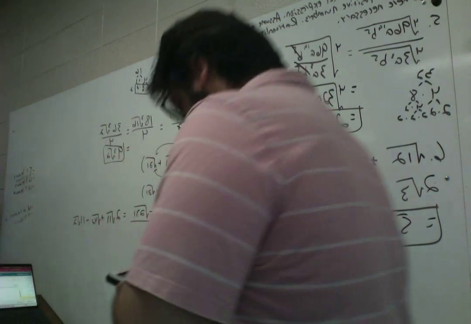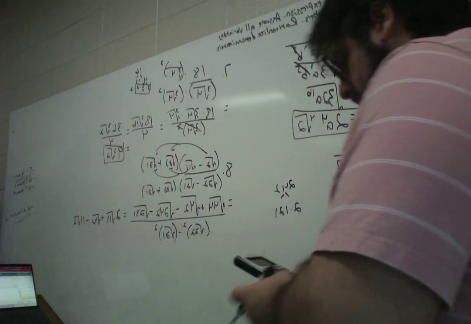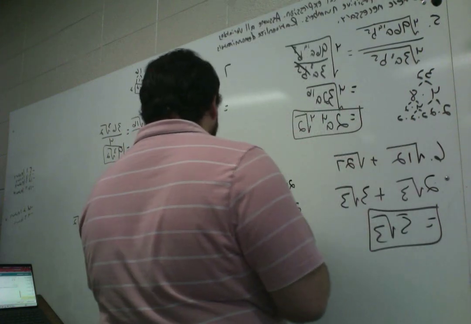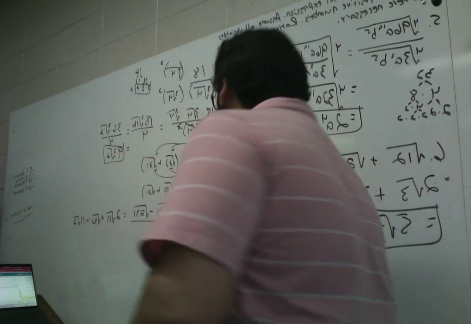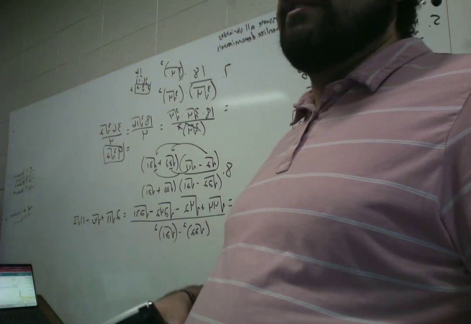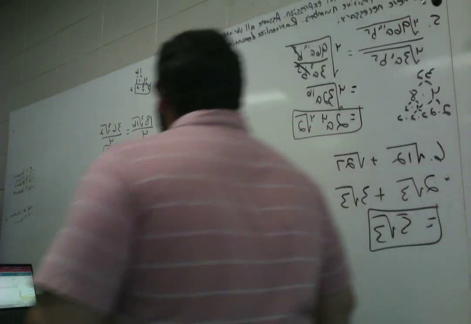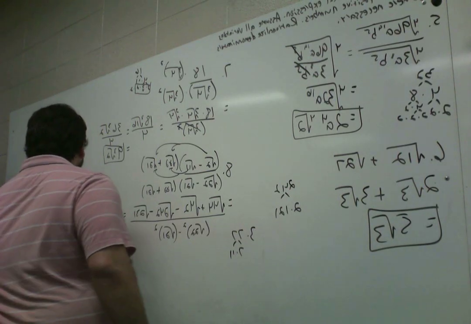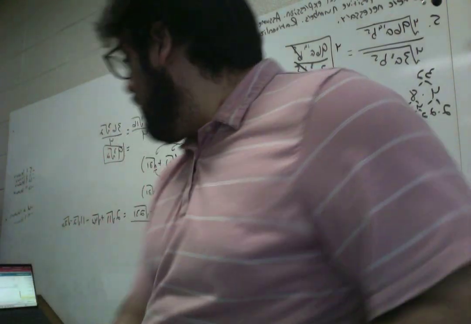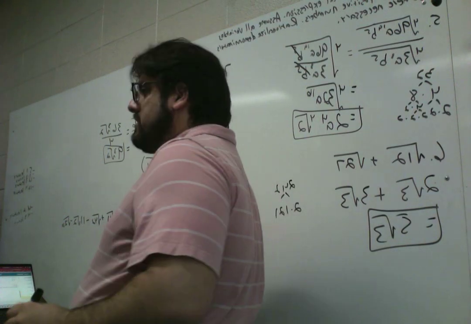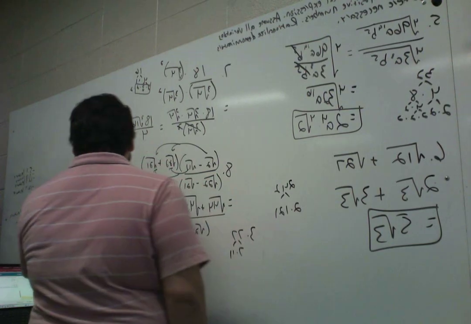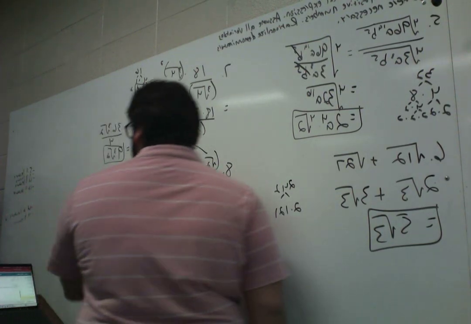And then 231 is 3 times 77, but 77 is 7 times 11, so I can't factor that. I can't take anything out of here. So minus the square root of 231. And as Cooper said, this is just 22 and this is just 21. 22 minus 21 is 1. So this is my solution right here.